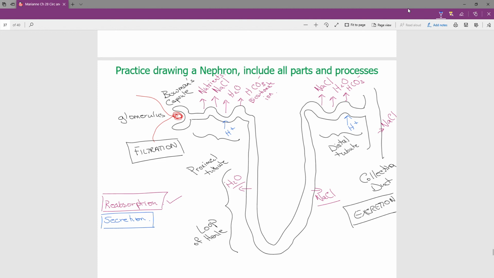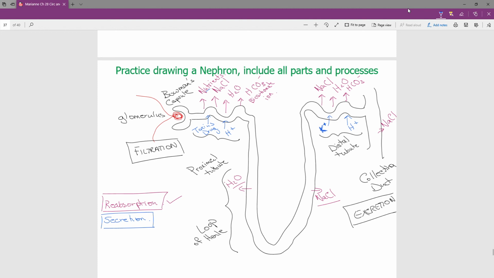The other thing that you can get rid of, kind of in contrast to the nutrients, would be toxins or drugs. And so you can excrete those after they are secreted back into the nephron. Over here, you can also help regulate your ion levels in your potassium ions. And so potassium ions can be secreted in the distal tubule. And believe it or not, we've summarized almost everything in that diagram that we were looking at.